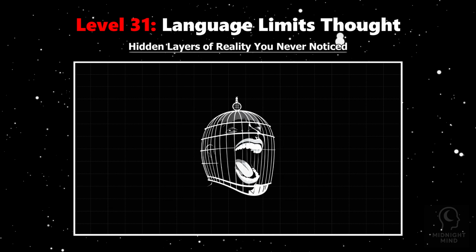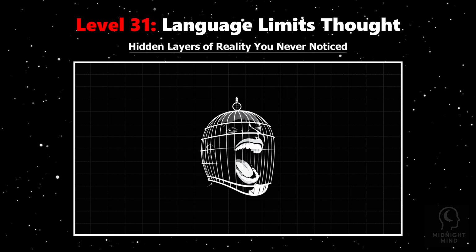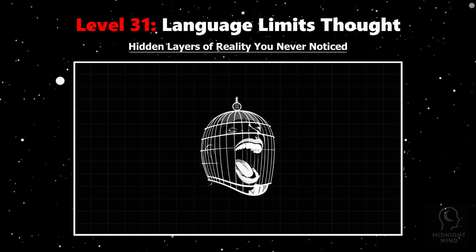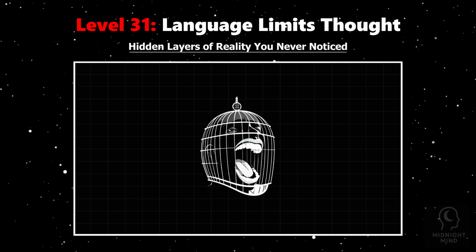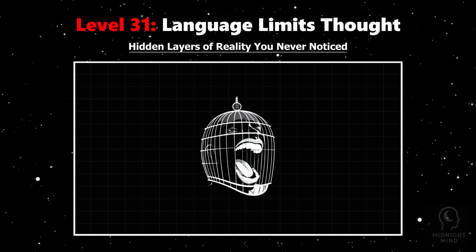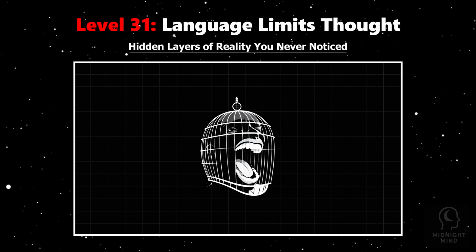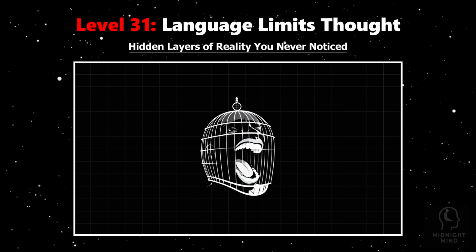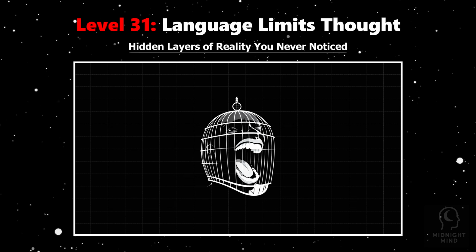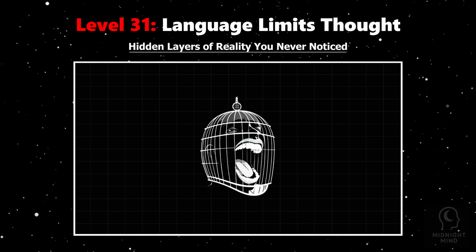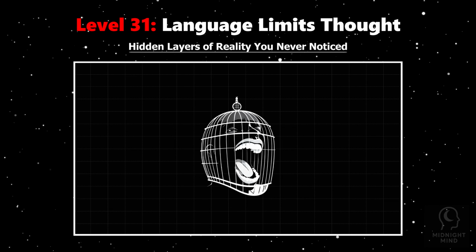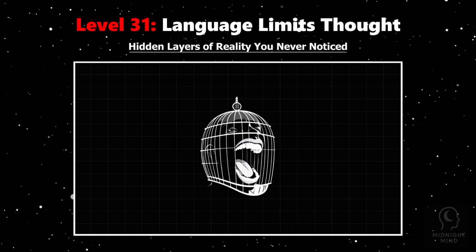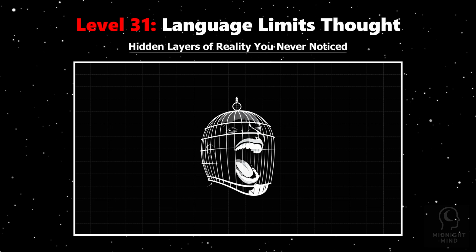Studies show that speakers of different languages literally see and experience the world differently because of the words available to them. Consider emotions like Schadenfreude in German or Saudade in Portuguese, words that capture complex feelings without direct equivalents in other languages. Without those words, speakers of other tongues might feel those emotions but lack the linguistic tools to think about them clearly or communicate them fully.